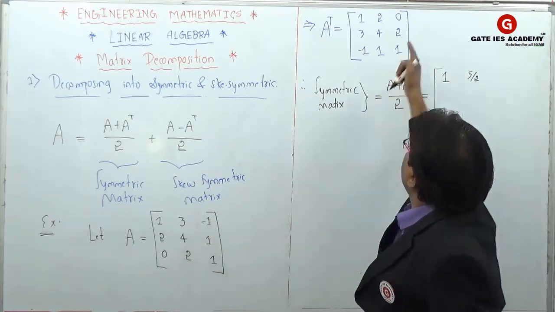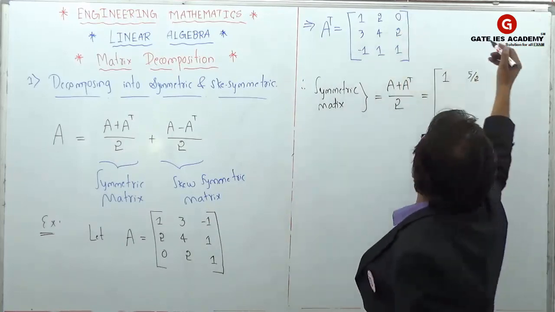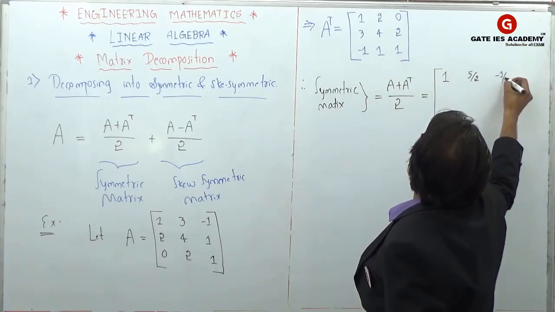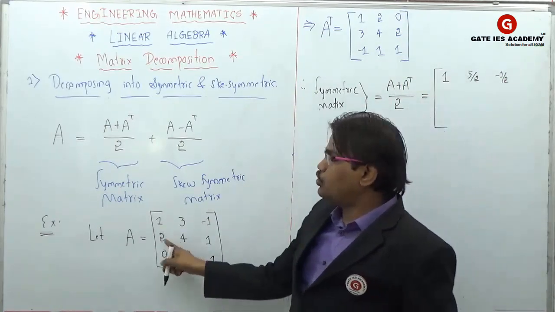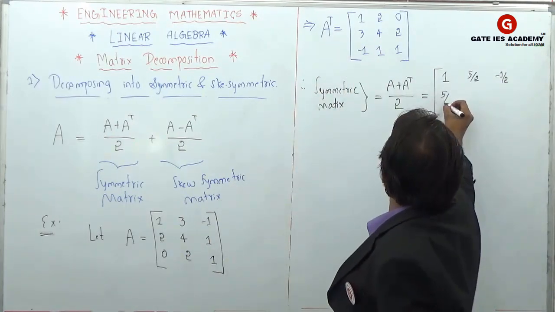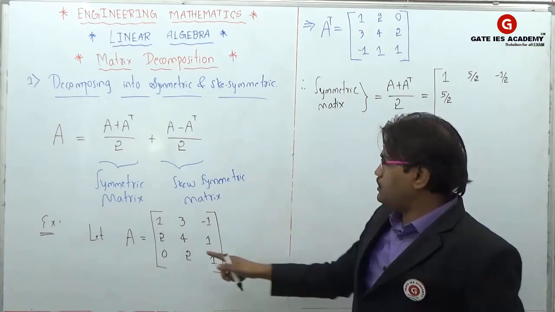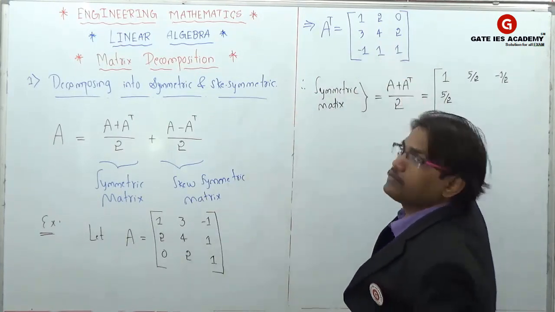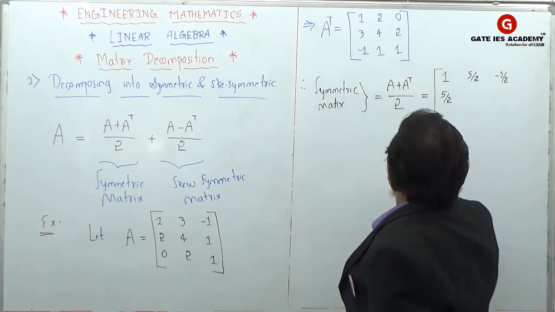Minus 1 plus 0, so minus 1 by 2. Then 2 and 3 give 5 by 2. 4 plus 4 is 8, divided by 2 is again 4.